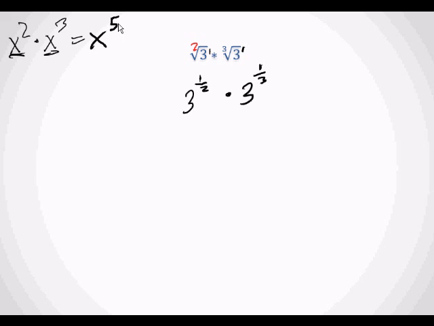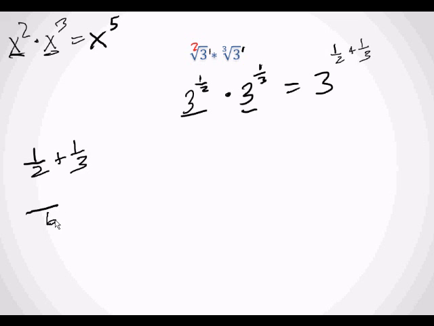Now, just like we did over here, x squared times x cubed, when you multiply two numbers with the same base, they both have x's, the x stays the same. You add the powers. 3 plus 2 is 5, or 2 plus 3 is 5. Here, the base is going to stay the same. We're going to add the fractions, 1/2 plus 1/3. You need a common denominator of 6.